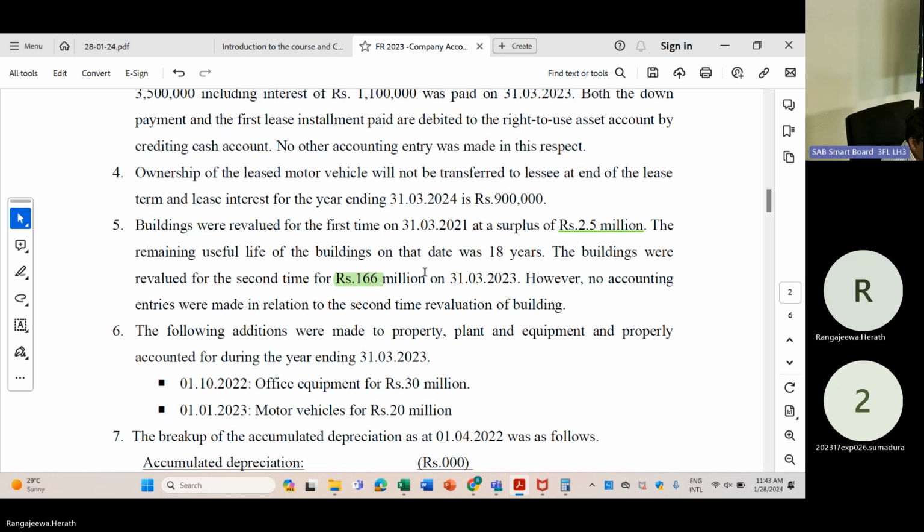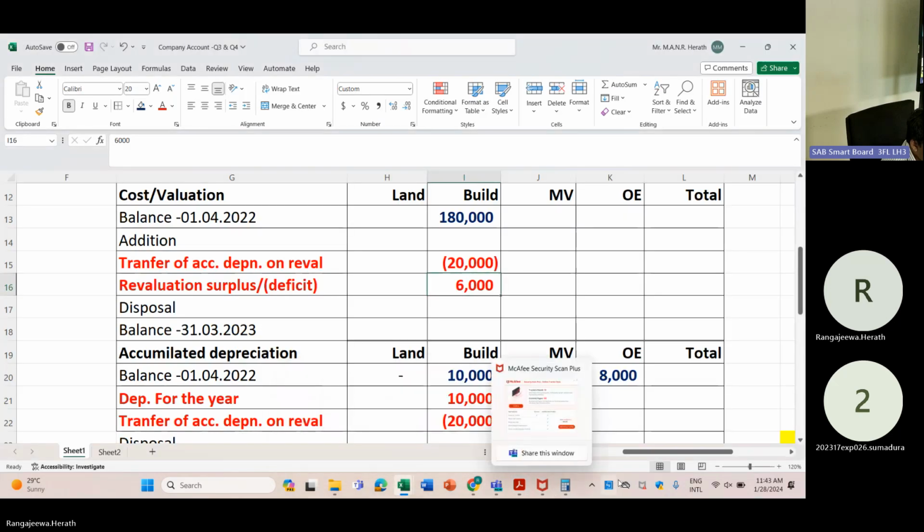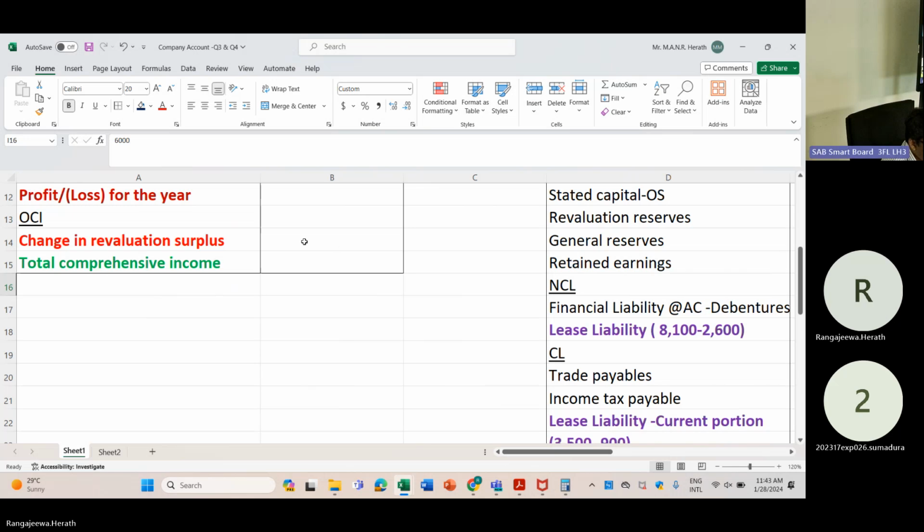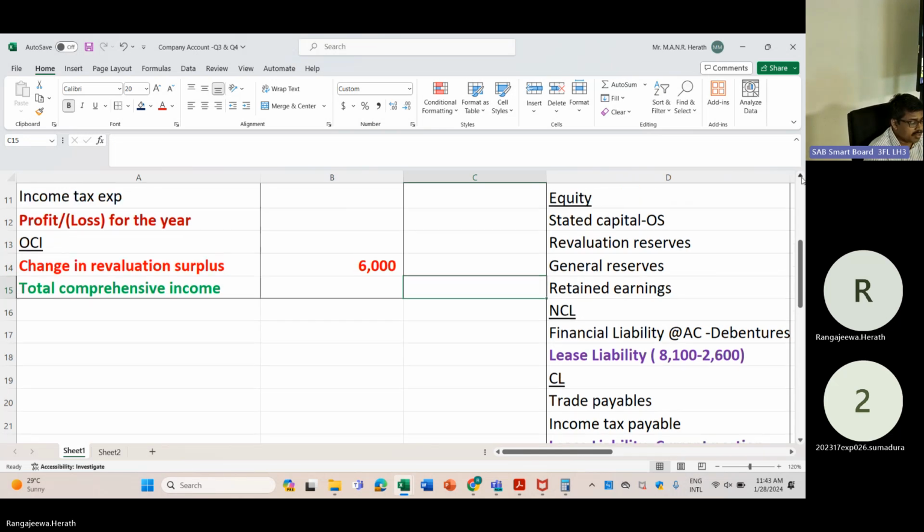If there had been a deficit earlier, this surplus would reverse that amount. But here first time surplus, second time surplus. So you can take this into other comprehensive income: change in revaluation surplus 6,000.